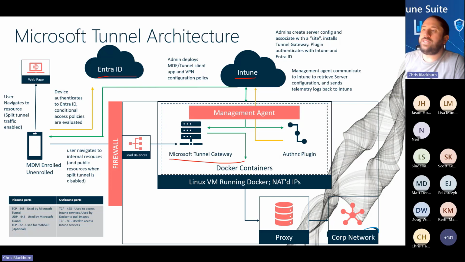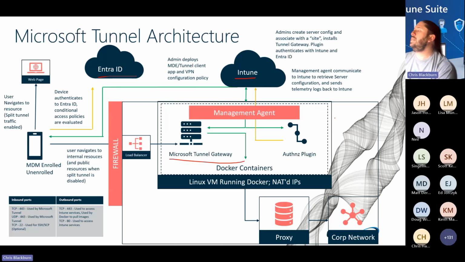So once the policies are pushed down, once the identity is verified, then from there, we're able to connect into that network. So that device can be enrolled in MDM, or if you have unmanaged devices, those also have the ability to leverage this capability as well.